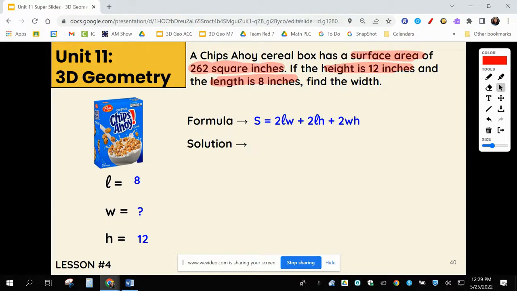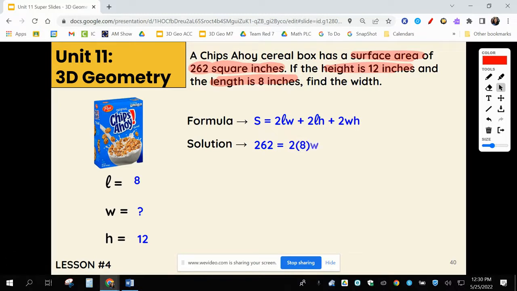All right, now we're going to plug in what we know. We know what the surface area is. It's right here. The surface area is 262 square inches. So for S, we're going to write 262 equals 2 length width. That's 2. Do we know what L is? Yes, it's 8. Width. Do I know what the width is?